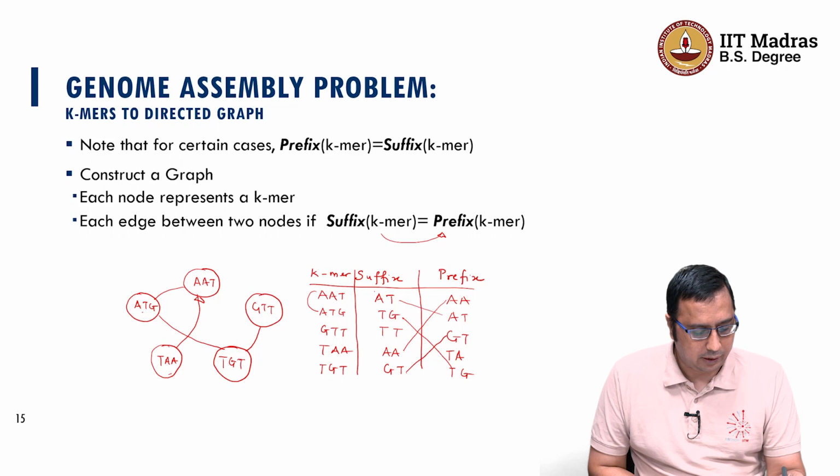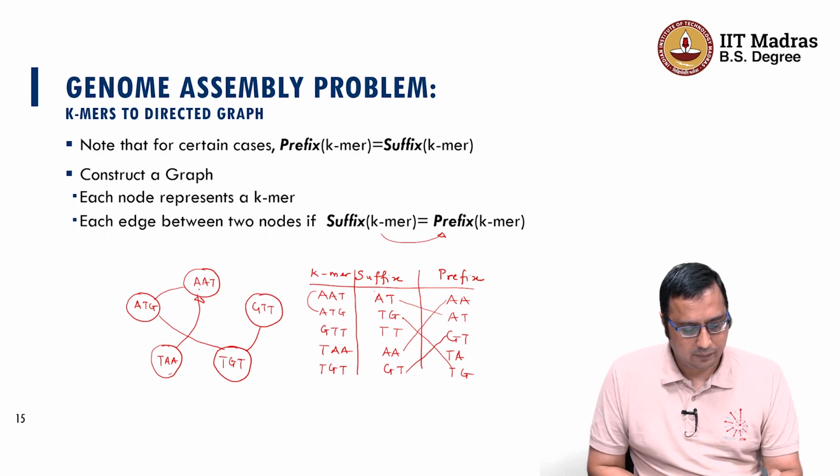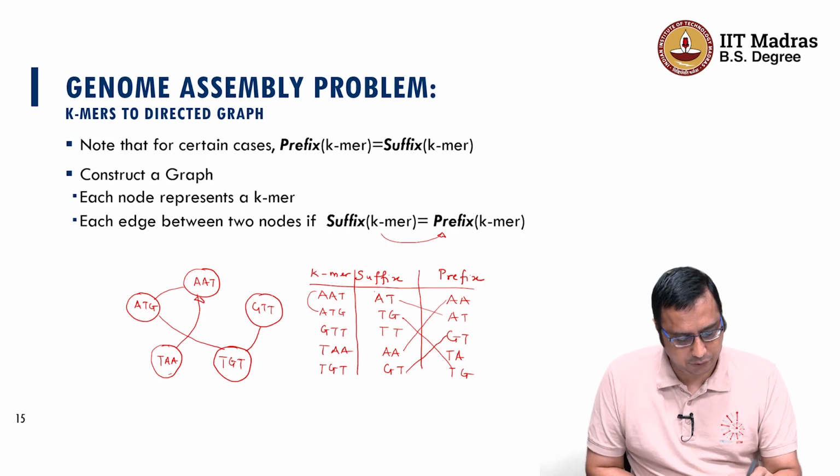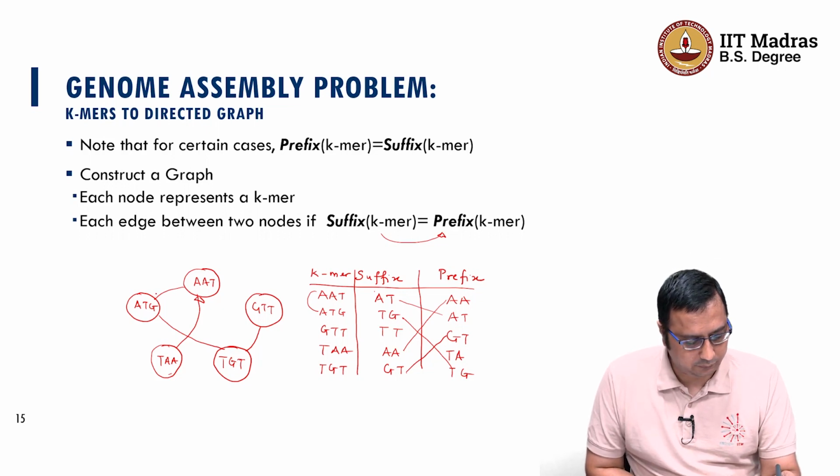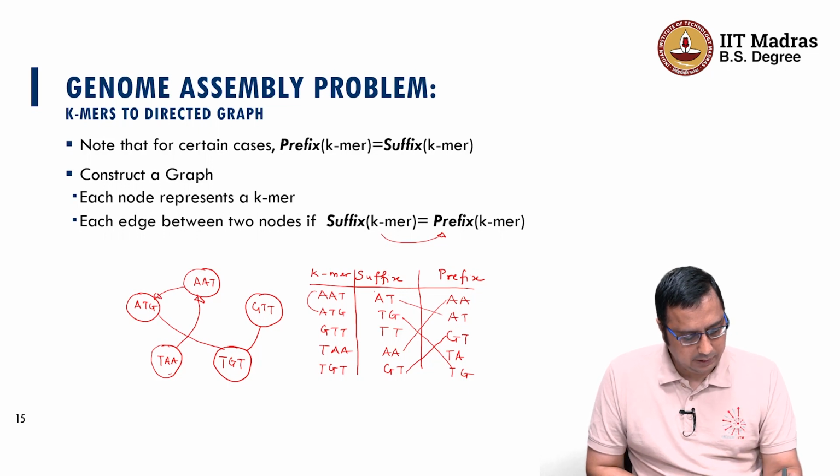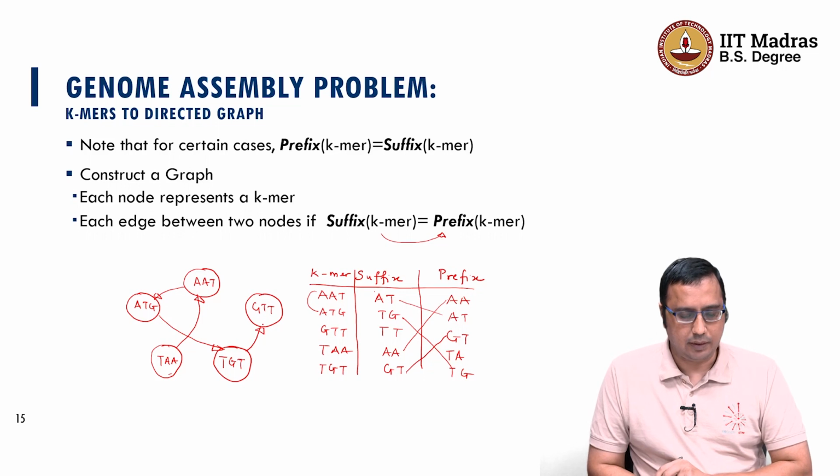Now how can we draw an arrow between ATG and AAT? Here the suffix of AAT is the prefix of ATG. Then there should be an arrow from suffix to prefix. Similarly, here the ATG suffix is equal to the TGT prefix. We are doing the same, and similarly for this one.